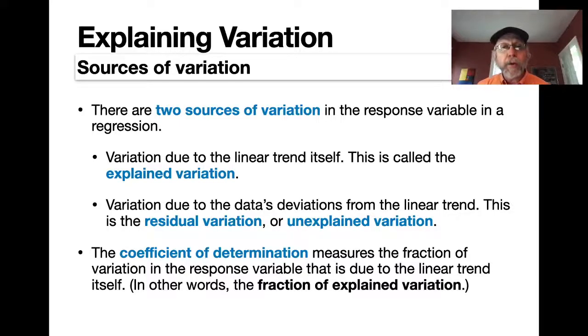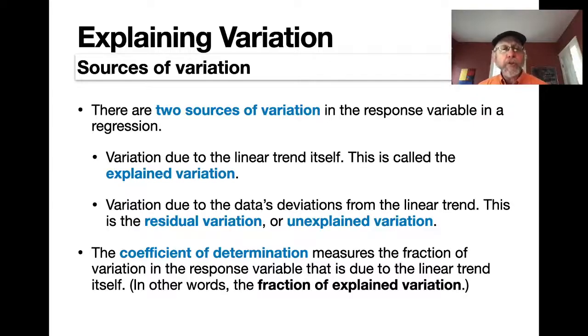But there's a second part of the variation too, the variation due to the data's deviations from the trend line. This is called the residual variation, or the unexplained variation. And the total variation of the response data can be expressed as the sum of the explained variation and the residual variation.